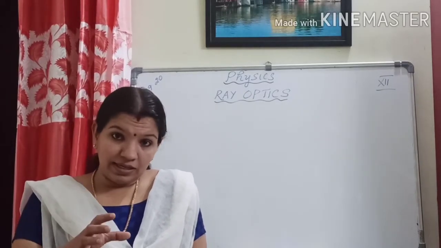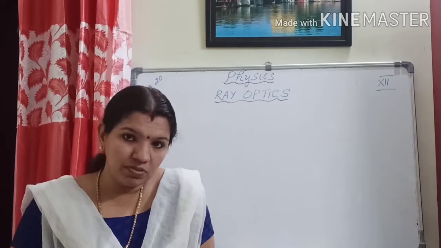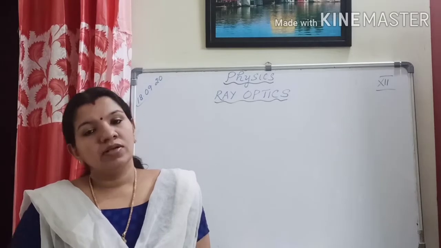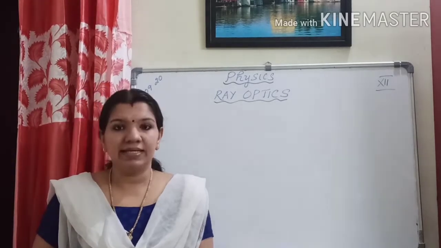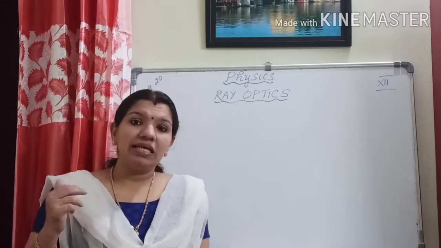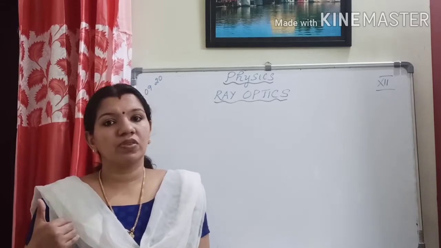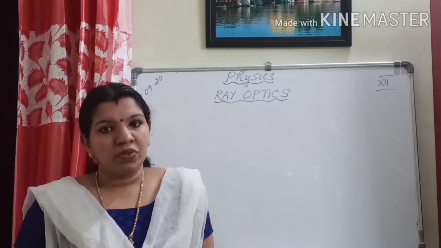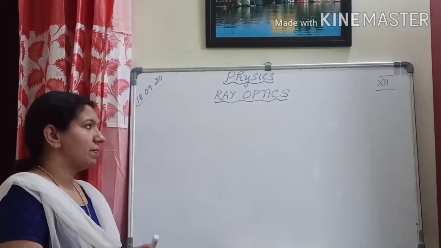Okay. If you are clearly getting the idea of simple microscope, it is very easy to go through the compound microscope. So before moving to the topic in detail, we have to study certain small things so that it will be easy while we are discussing the theory part of microscope. Okay. So first of all, our topic is microscope.